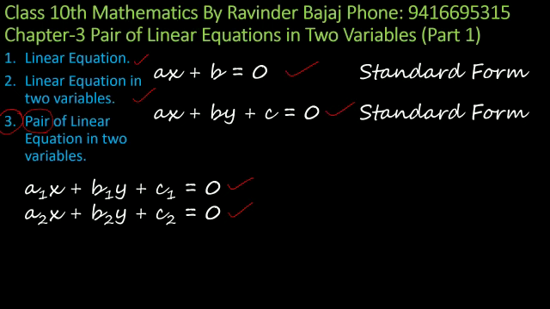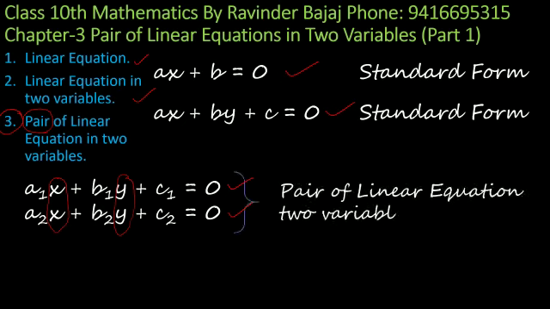But this x must be the same in both equations, and this y must be the same in both equations. If one equation is in x and y and the other is in u and v, then we will not say that it is a pair. So a pair of linear equations means the variables must be the same, but the real numbers a, b, c can be different.